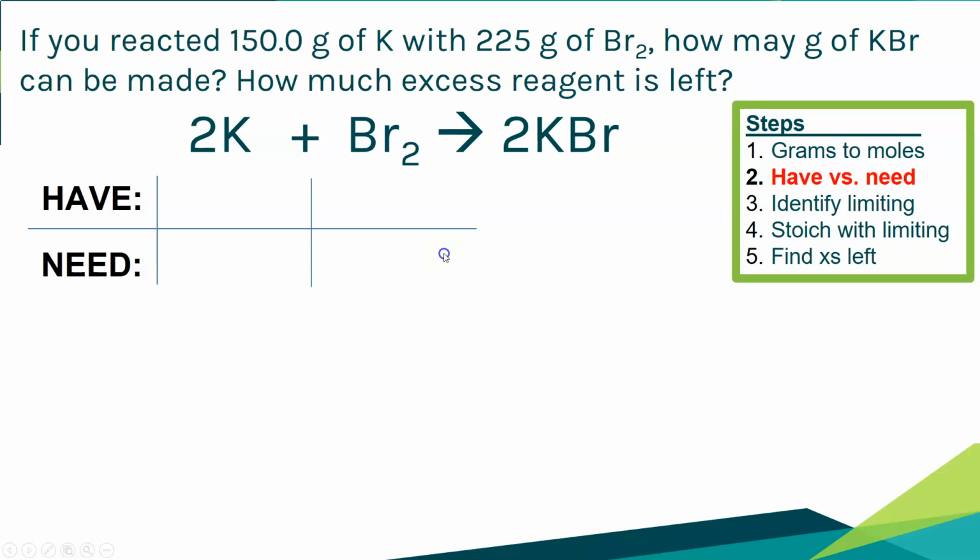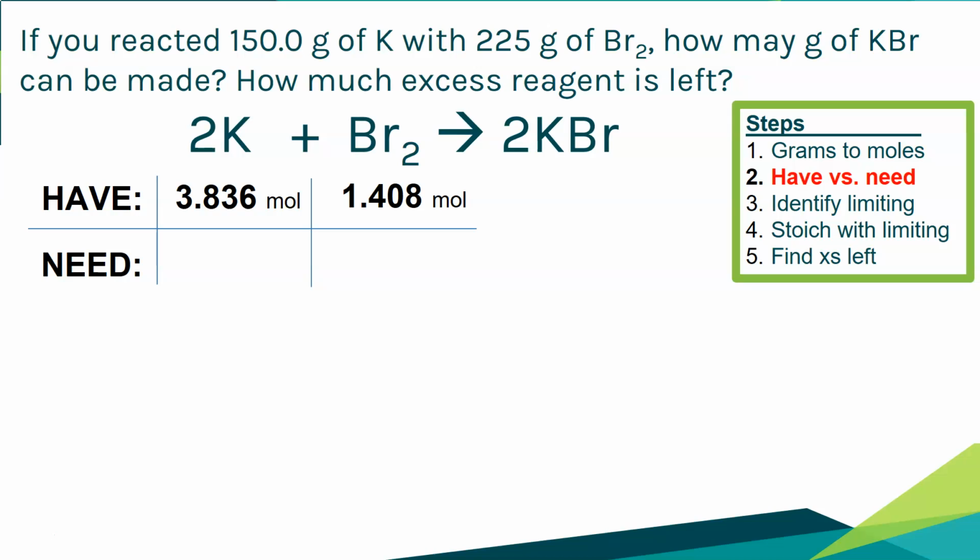That way I don't have to label what the tops of the columns are. Otherwise, you should label the columns. I found from the earlier slide that we had 3.836 moles of potassium, 1.408 moles of bromine.